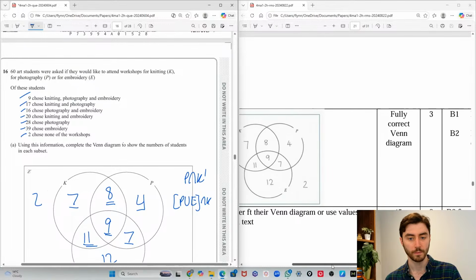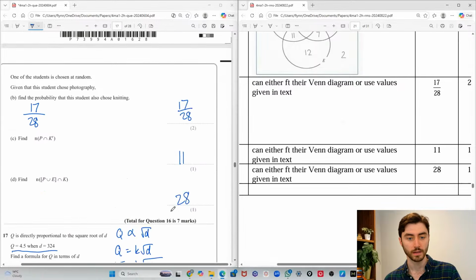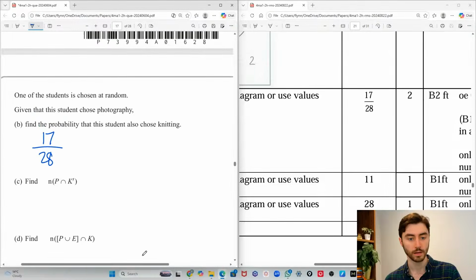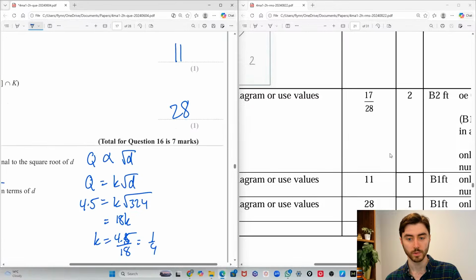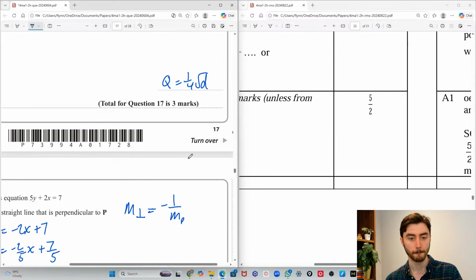Start this Venn diagram. 7, 8, 4, 11, 9, 7, 12, 2. Good, good, good. Then 17 out of 28. 11, 28, all good.